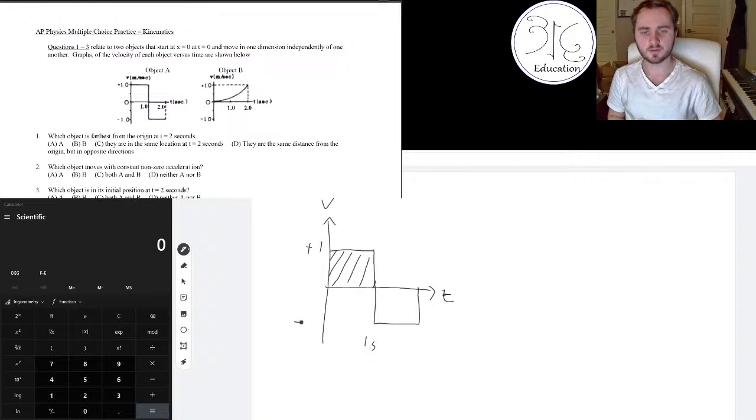But then we also have a negative square with the same size, because it's got the same height, only it's a negative 1 meter per second instead of a positive 1 meter per second. And it goes from 1 second to 2 seconds, so it still has the same width. So we actually expect our x displacement for this to equal 0 at time equals 2.